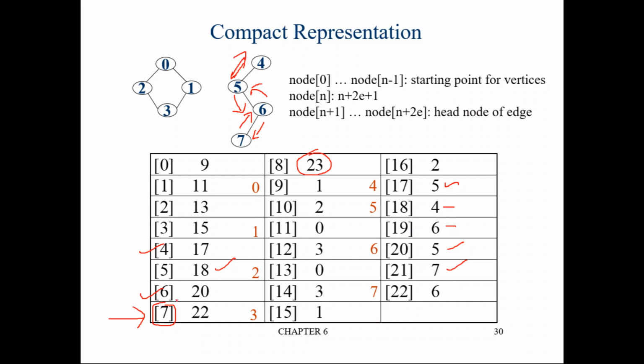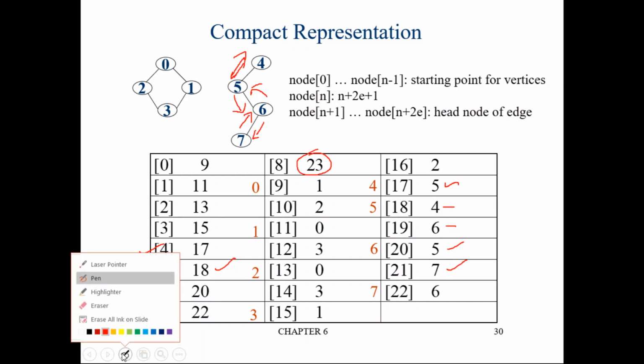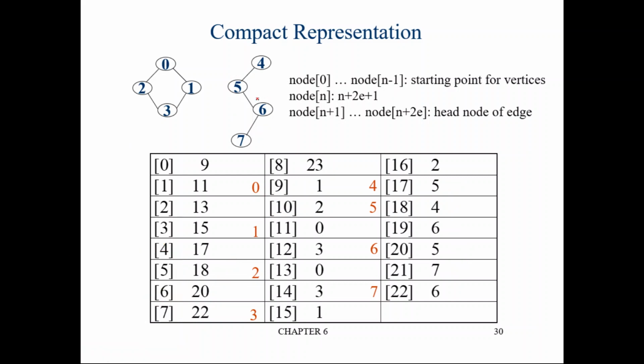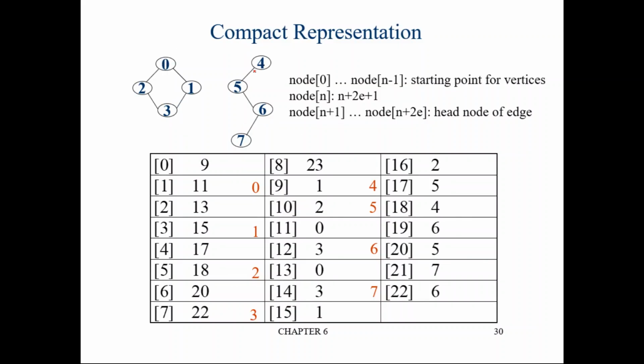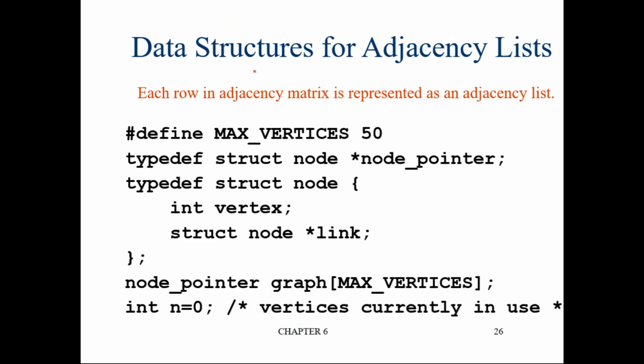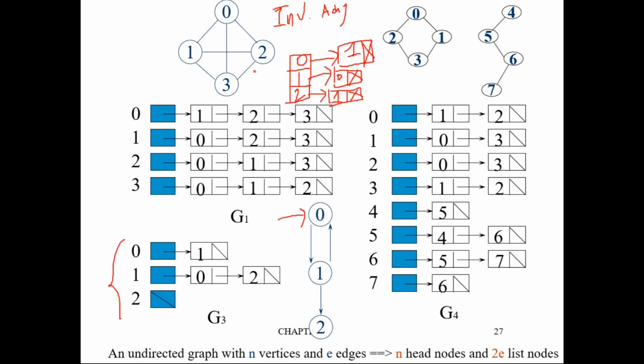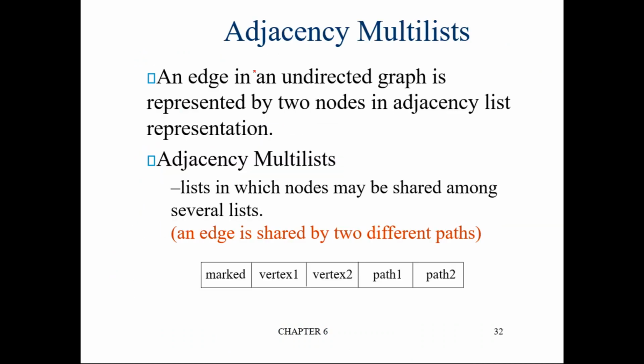This is called either compact representation or array representation. This comes under adjacency list, both linked list style and array representation.